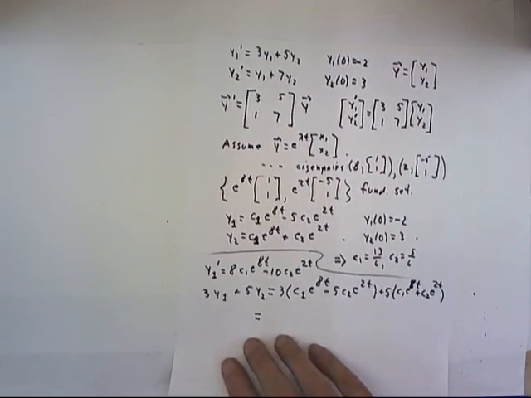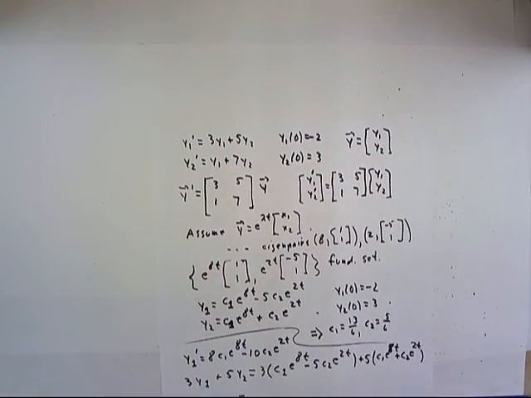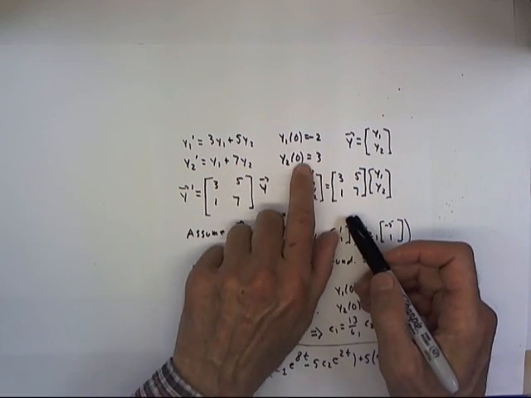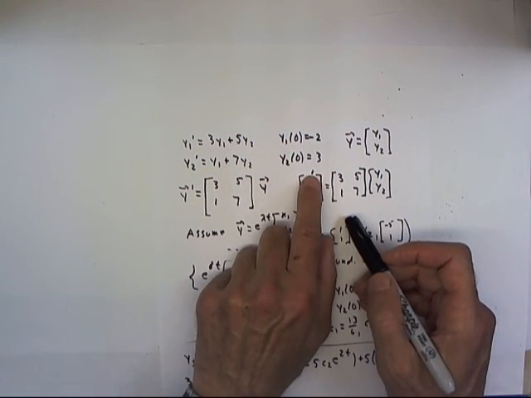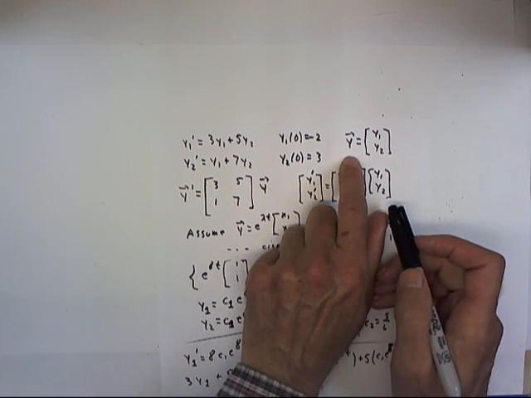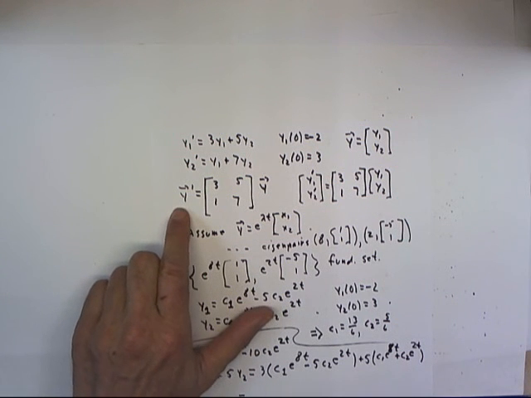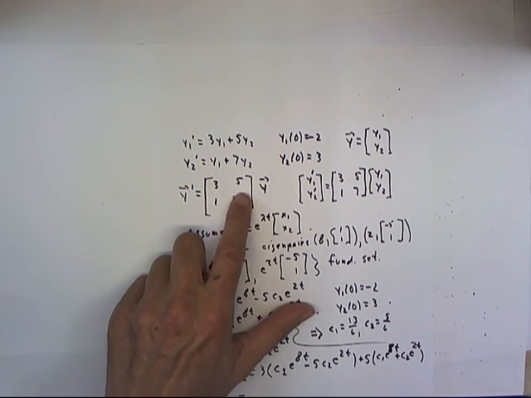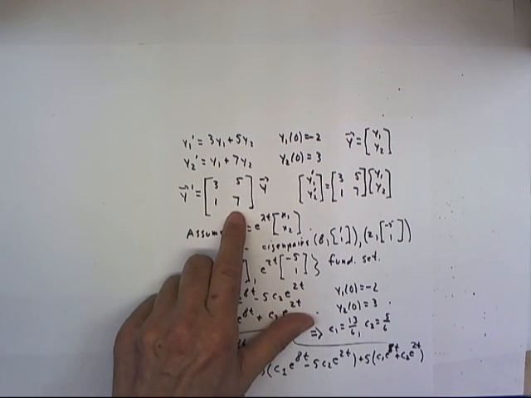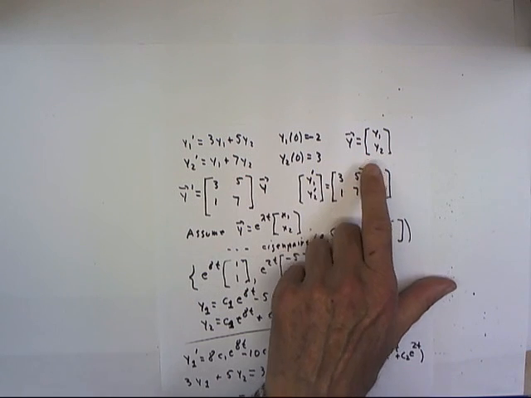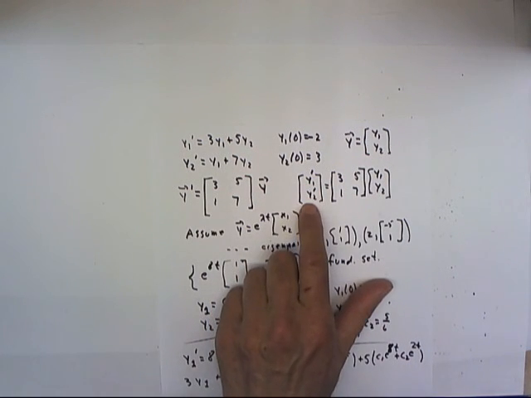To summarize, our original equations with these initial conditions, using y vector equal to y1, y2 column vector, give us the equation y prime equals 3, 5, 1, 7. That's our A matrix multiplied by y. That translates in terms of this y vector to y1 prime, y2 prime.